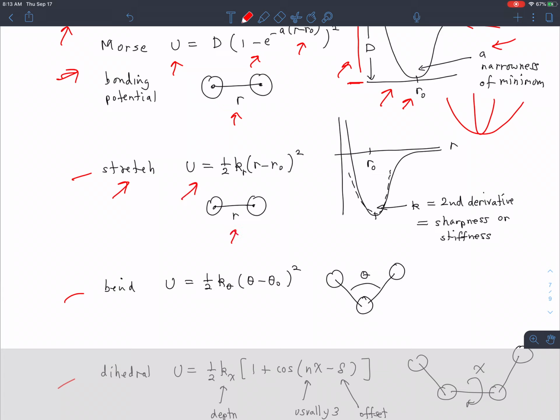a harmonic potential, which is 1/2 a force constant times (r minus r0) squared, just two parameters now, the force constant itself and the position of the minimum, r0. The bigger this force constant is, the stiffer or narrower this interaction potential is, and the smaller it is, the broader it is.